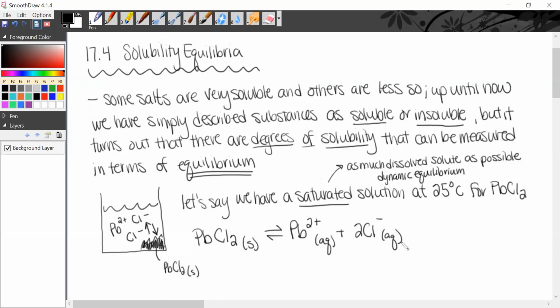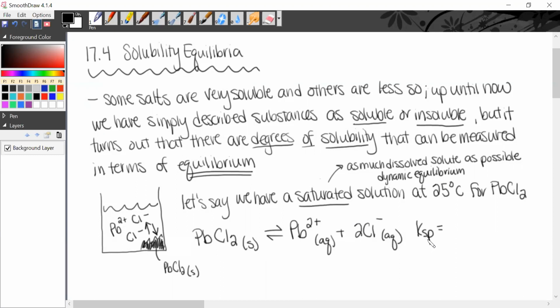And like any equilibrium, Kc, Kp, Keq, Ka, Kb, Kw, all of these K things are the products raised to their coefficients over the reactants raised to theirs. So I could write a Ksp expression for this salt.